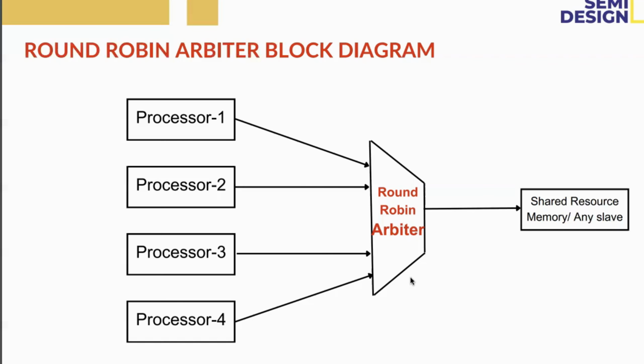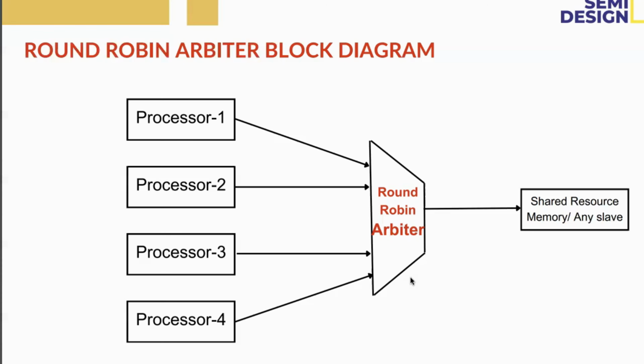Initially, when there is no request, the first requester is given the highest priority. That means the first processor will get the highest priority. The request from the next requester is given lower priority than the previous one. That means processor 2 will get lower priority than processor 1. If the requester with the highest priority is allocated the resource, we can change its priority to the lowest because it has already completed its transaction.